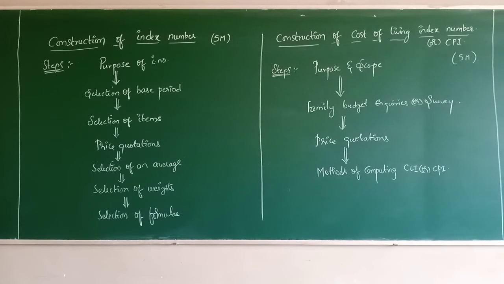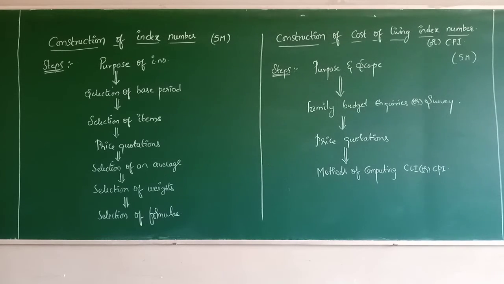Clear? Once the purpose of the index is known, it helps in deciding what items are to be selected, what average is to be selected, and what weights are to be taken. All these things you will come to know well in advance before starting that particular step.